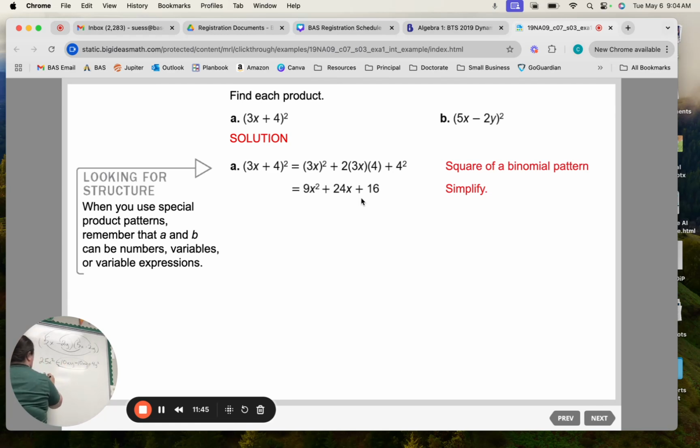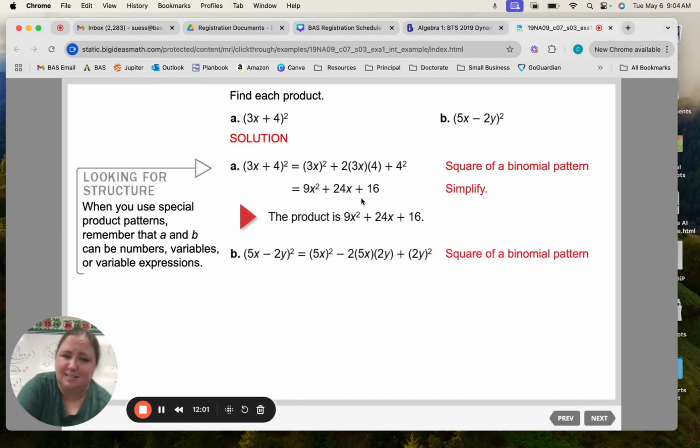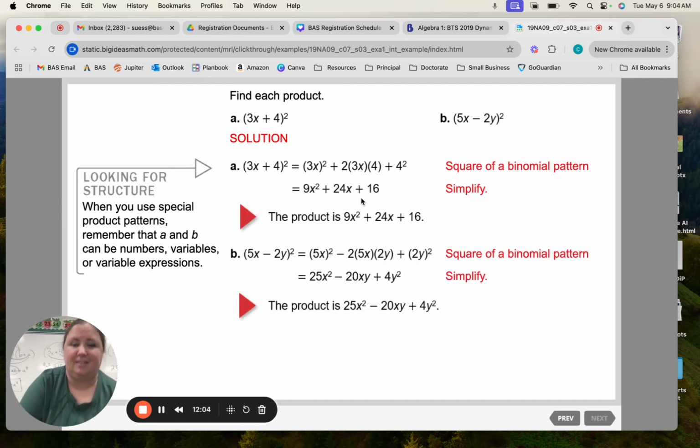So we have 25x squared minus 20xy plus 4y squared. There you go. Did we get the same answers that they did? Yes. Was it a lot less confusing? Maybe a little.